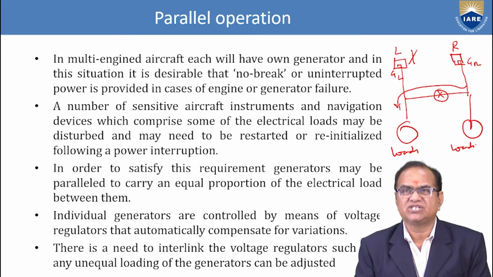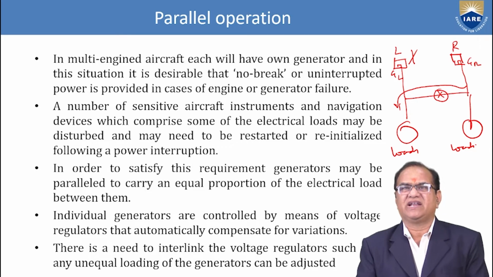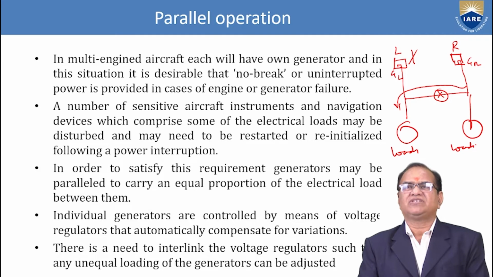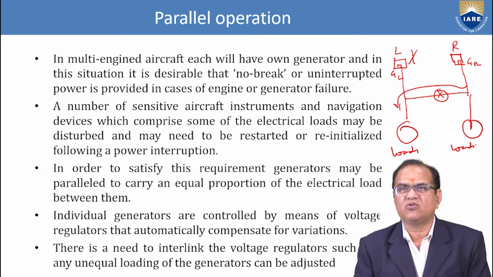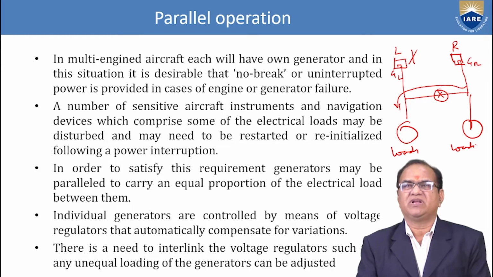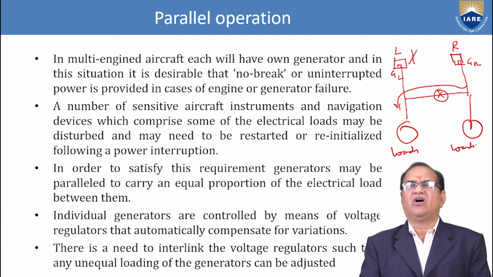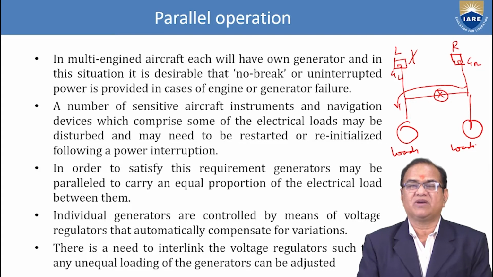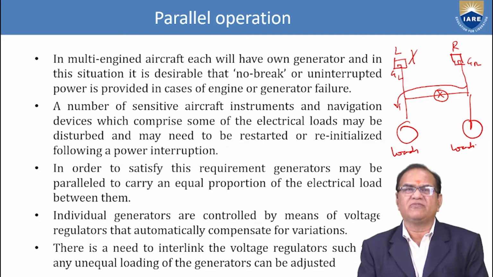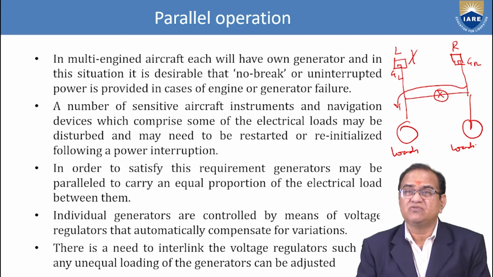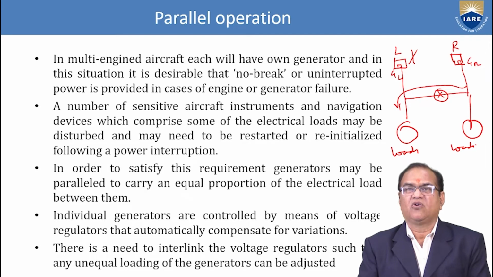A number of sensitive aircraft instruments and navigation devices, which comprise some of the electrical loads, may be disturbed and may need to be restarted or re-initialized following a power interruption. So what is the meaning of this?